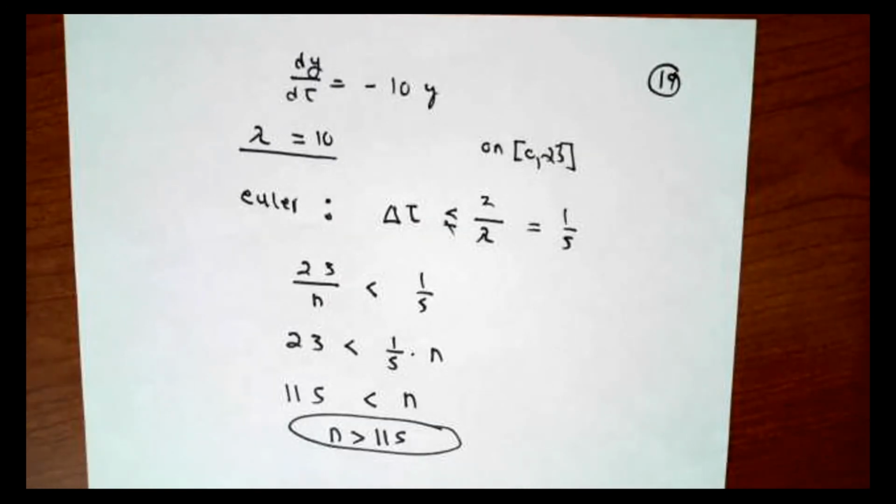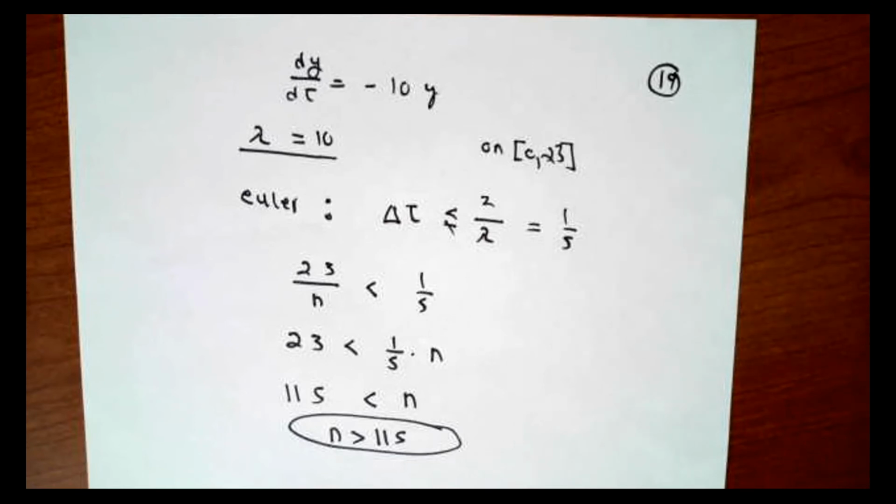To make sure that our thinking is right, let's figure out when Euler is going to be stable for this particular test problem. I'm going to have lambda equal 10. We're doing the interval from t equals 0 to 23. To get stability, delta t needs to be less than 2 over lambda, that is 2 over 10, which is 1/5. On the other hand, delta t is the width of the interval, 23, divided by the number of steps we're going to do.